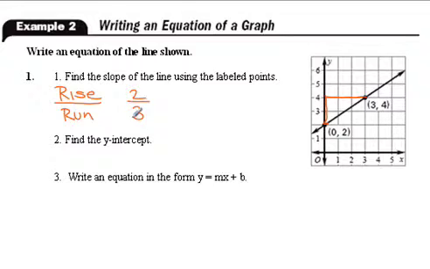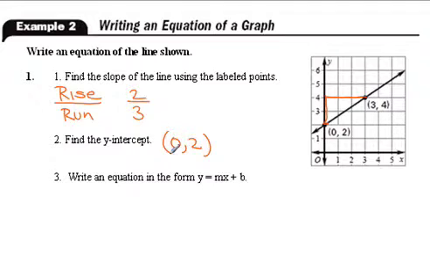So the next piece that we need is the y-intercept. What is the y-intercept there? 0, 2. My y-intercept is always going to be the point that has 0 in the x position, because remember, we're not going anywhere, we're going straight up the y-axis.